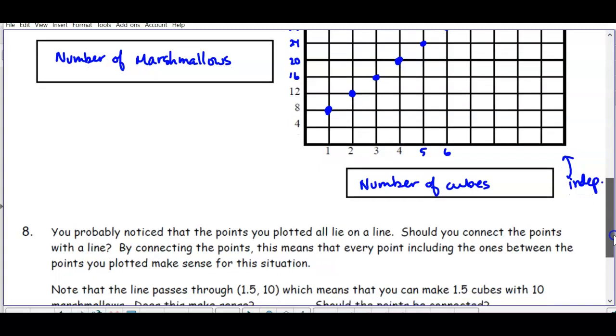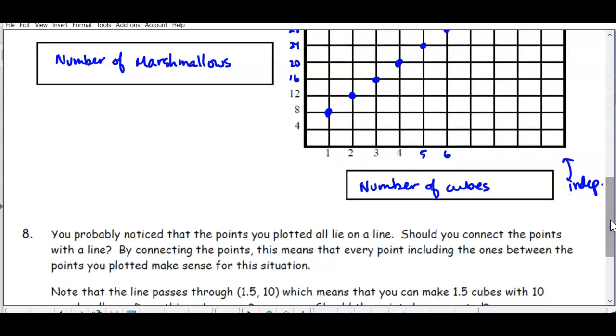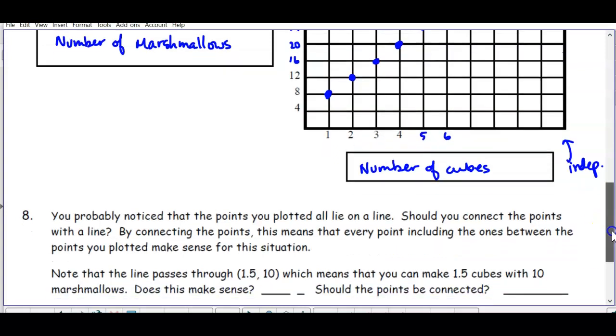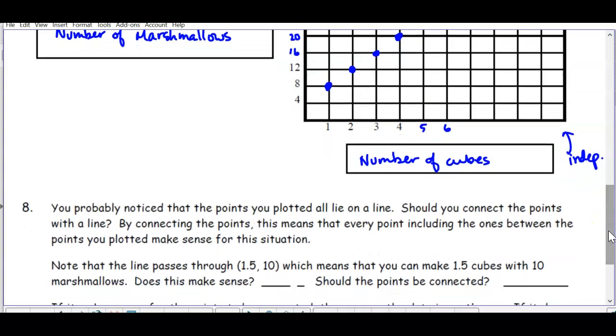Before we do any more with the graph, it says you probably noticed that the points you plotted all lie on a line. Should you connect the points with a line? Connecting the points means that every point, including the ones between the points you plotted, makes sense for the situation. So it says, note that the line passes through 1.5, 10, which means that you can make 1.5 cubes with 10 marshmallows.